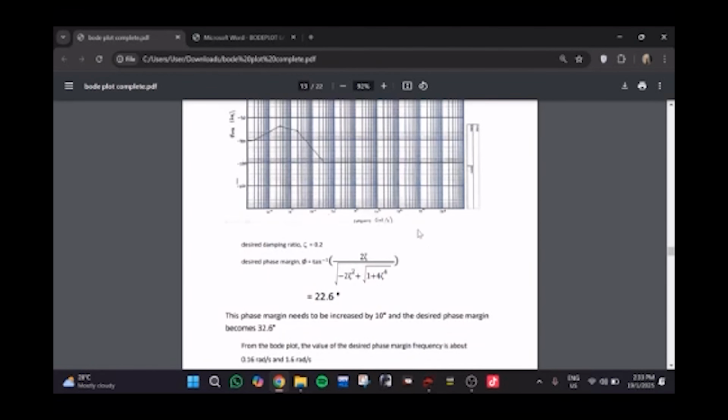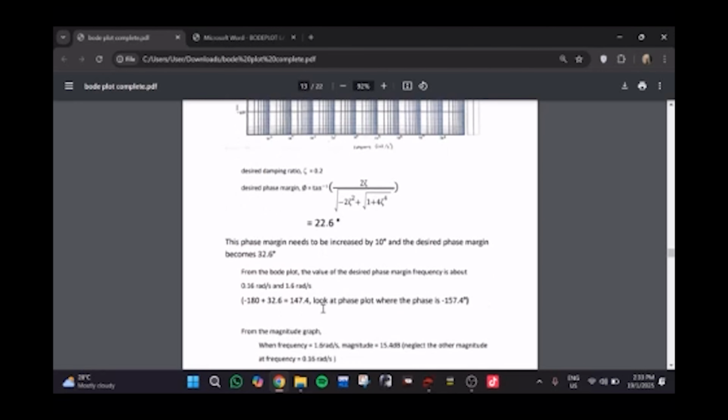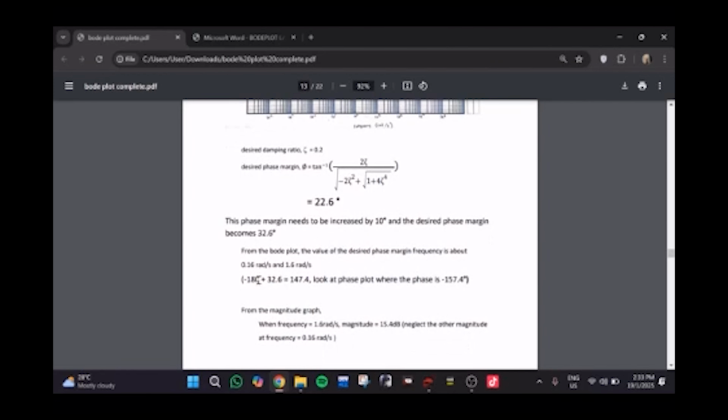This one is a formula again. The phase margin needs to be increased by 30 degrees, and the desired phase margin becomes 32.6 degrees. From the above plot, the desired phase margin frequency is between about 0.18 radians and 1.6 radians.